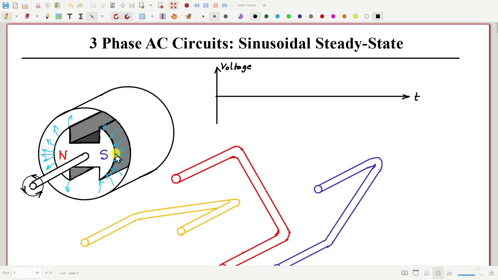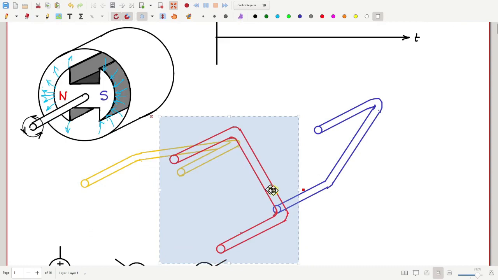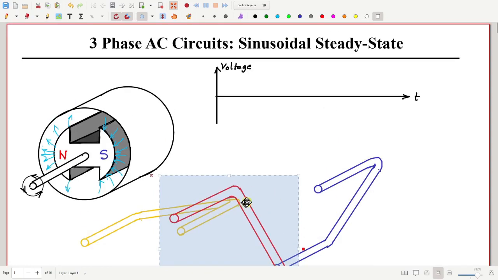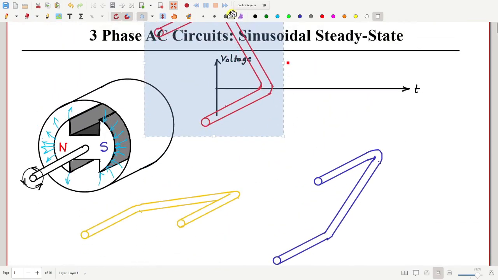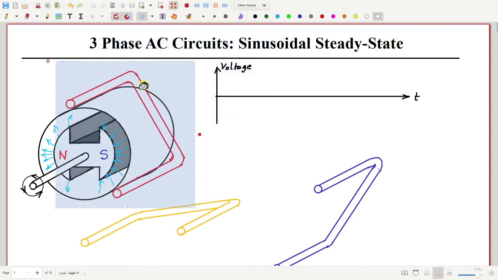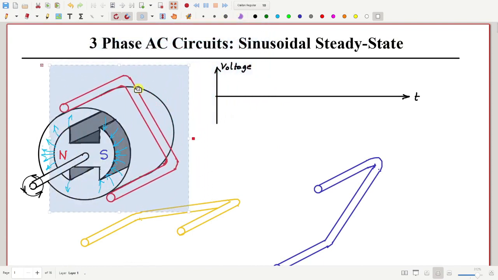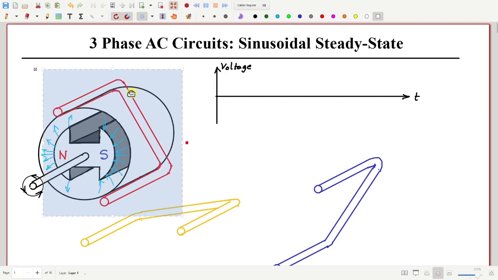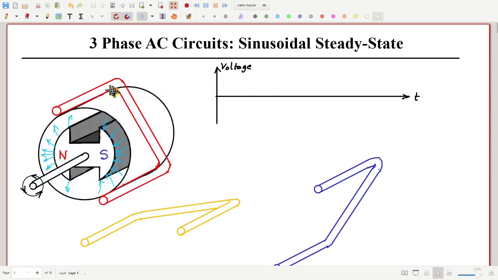Now, imagine what happens if I have, say, a conductor which is shown here in red color. Suppose this conductor is placed like this here, outside the rotating magnet.